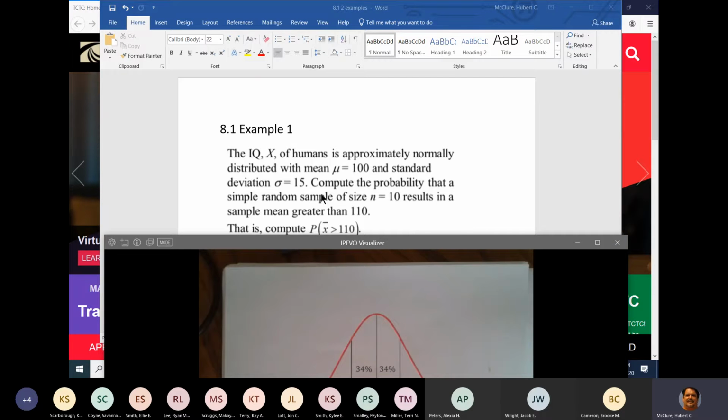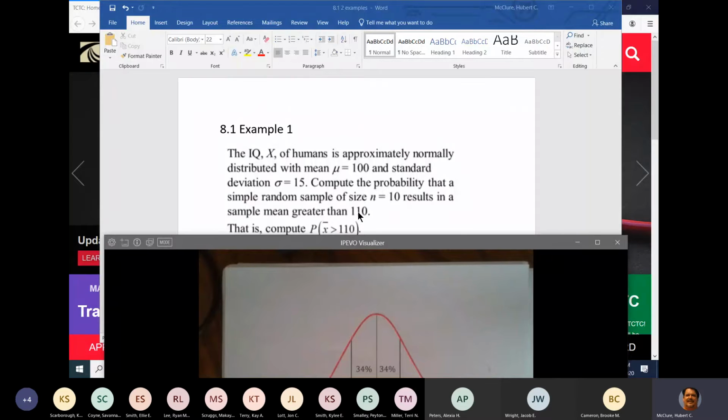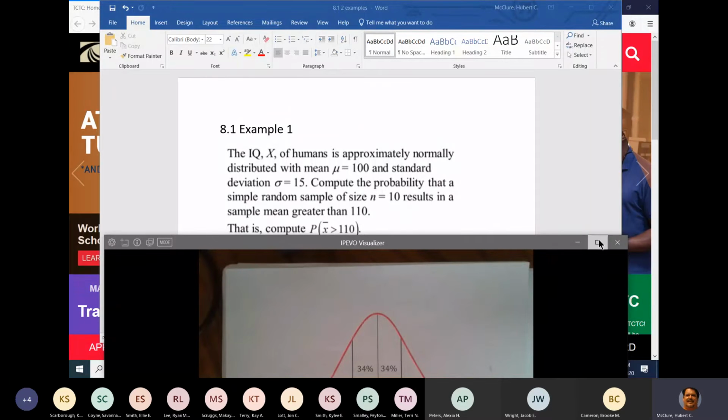And they say, compute the probability that a new bunch of people, size n, results in a sample mean greater than 110. So they give us n is equal to 10.